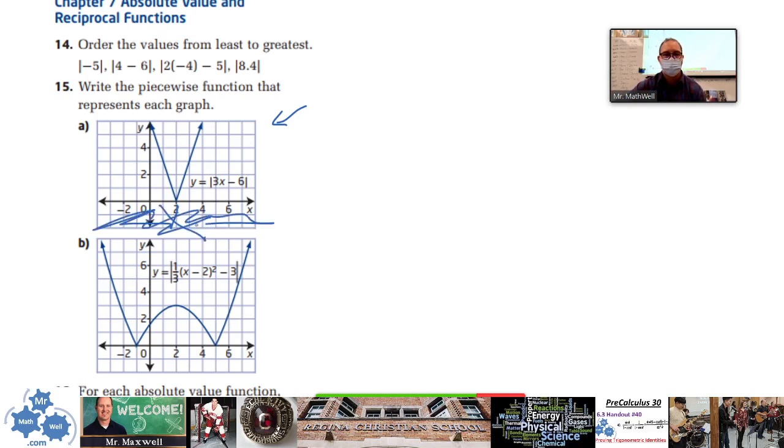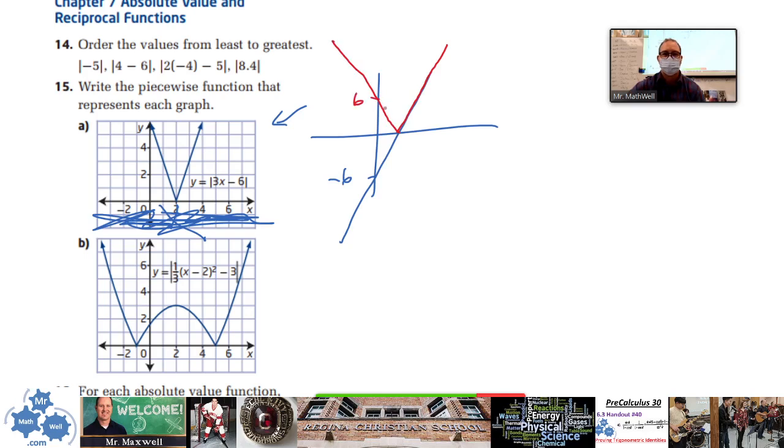It cannot be over here anywhere because it's absolute value. Only positive values are allowed. And this 3x minus 6, this is the 3x minus 6 line, and of course absolute value means positive values are okay, but the negative values get flipped, right? The negative values get flipped up.